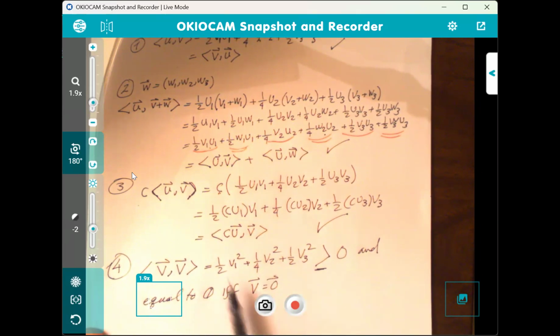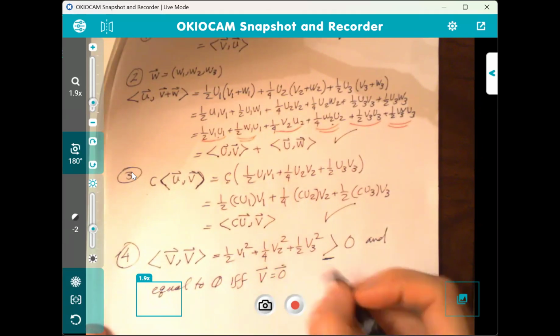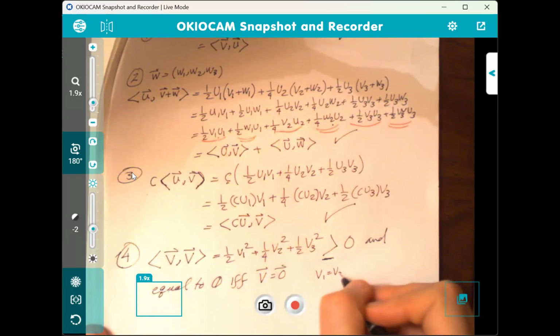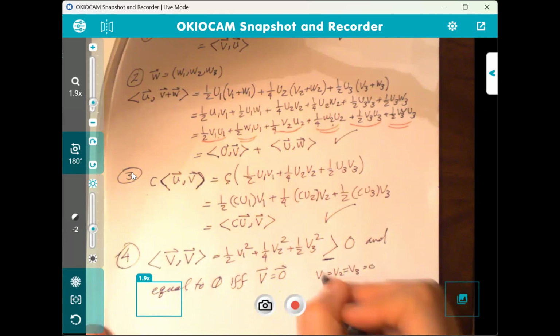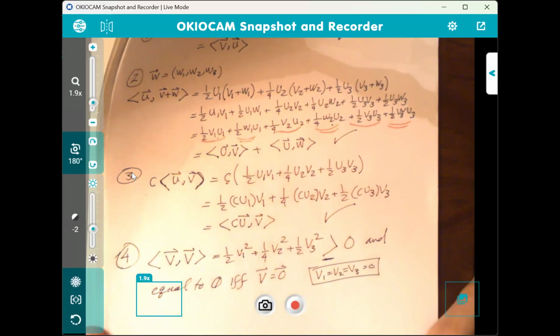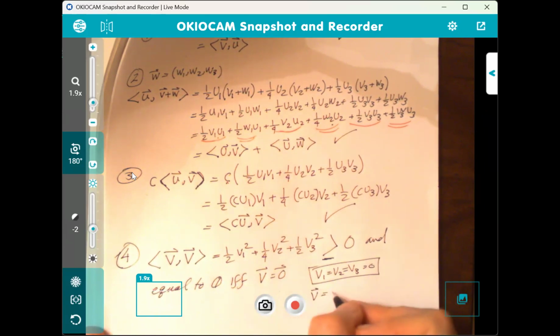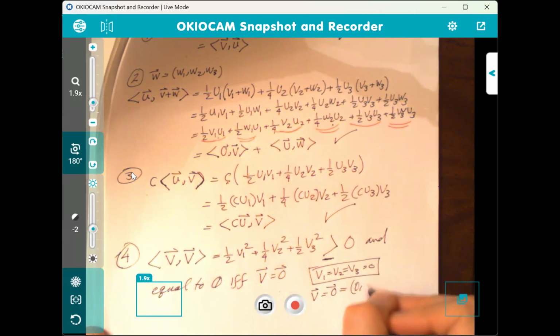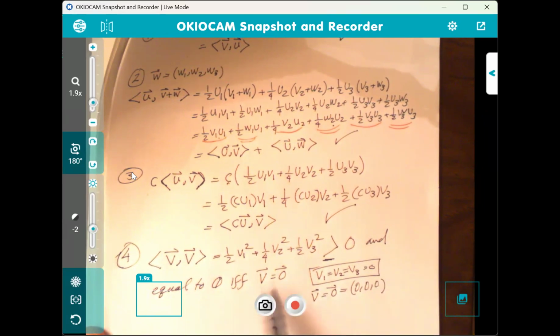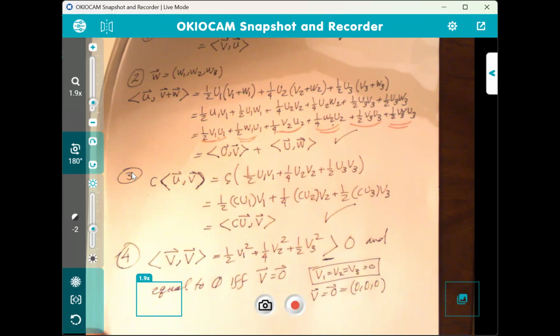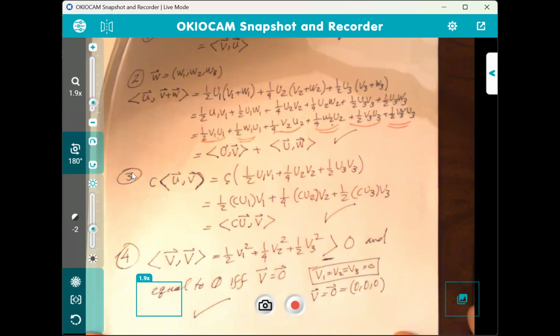There's no way the sum can be 0 otherwise, right? The only time this sum is 0 is if v1, v2, v3 are 0. Hopefully everyone agrees with that. And if that's the case, that means v is the 0 vector in R3, right? There you go. That's what this is saying. Therefore, check on number 4.